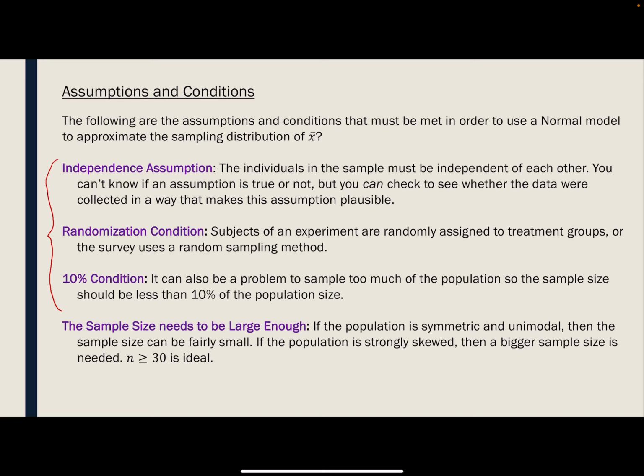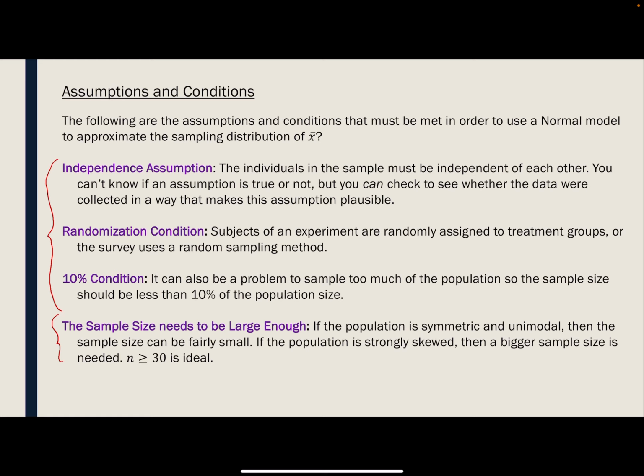The one different assumption and condition is that with proportions, we had that success-failure condition where the number of successes and number of failures had to be greater than or equal to 10. But when we're talking about means, that's different. We're saying that the sample size has to be big enough.